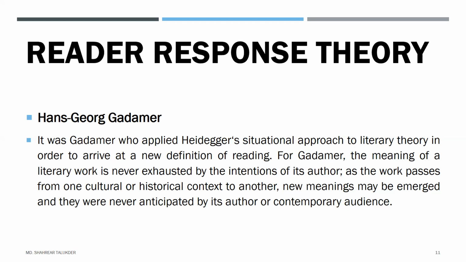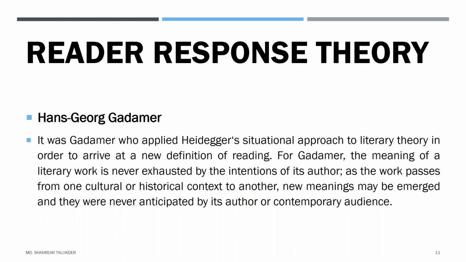He says that the meaning of a literary work, if you take the works of Shakespeare, or W.B. Yeats or T.S. Eliot, or maybe Rabindranath Tagore or Kazi Nazrul Islam or Al Mahmoud, because of your background, your educational background, your country, your cultural or historical context, the way you interpret the work of Kazi Nazrul or Al Mahmoud or Shakespeare and the way I analyze it will be different.